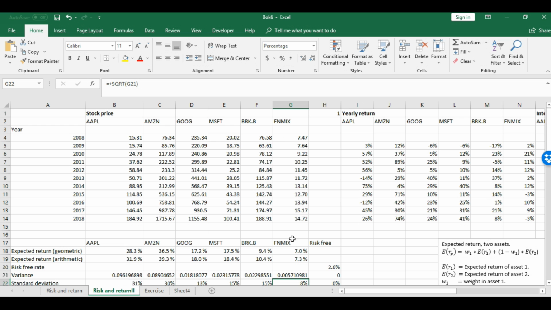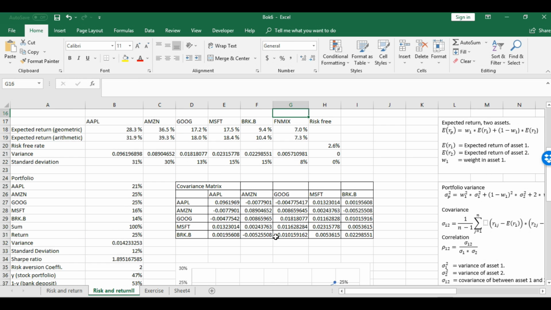Let's first update our variance covariance matrix so it also includes the bond fund.